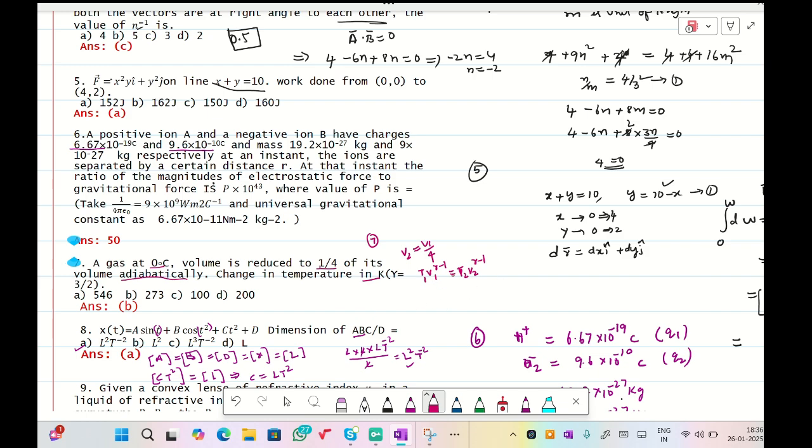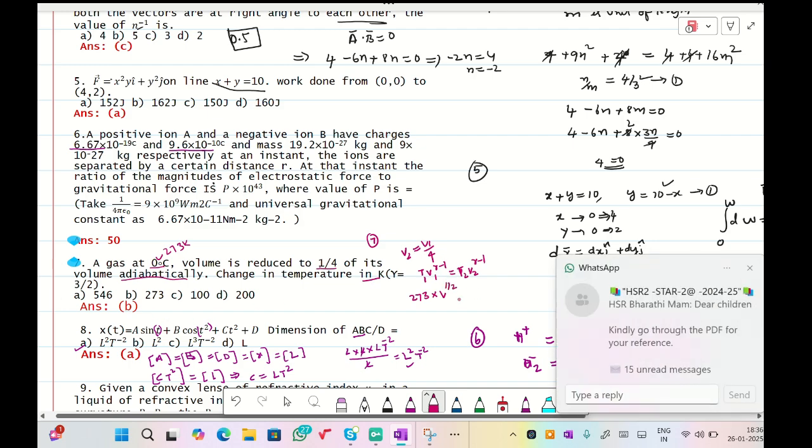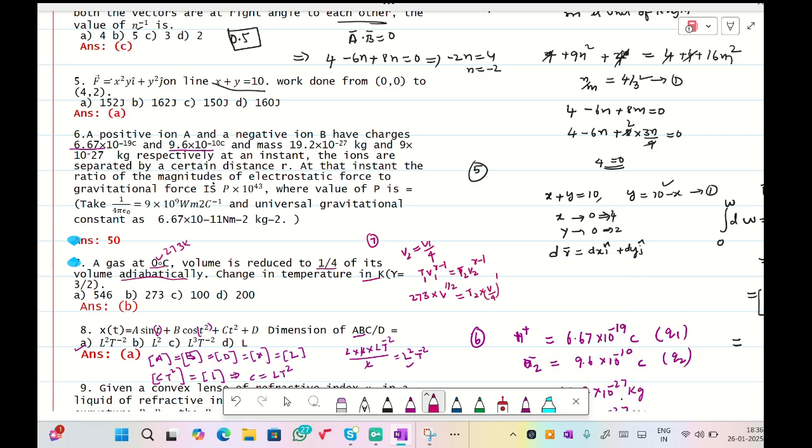Now see here, the change in temperature means T2 minus T1 I have to find out. T1 in Kelvin, 273, is given here, because 0 degree centigrade means 273 Kelvin and the answer is asked in Kelvin. So 273 into V1 power gamma minus 1, where gamma is 3 by 2, so 3 by 2 minus 1 means 1 by 2, is equal to T2, which I want to find out, times V2, where V2 is V by 4, power 1 by 2. So V power 1 by 2 gets cancelled.